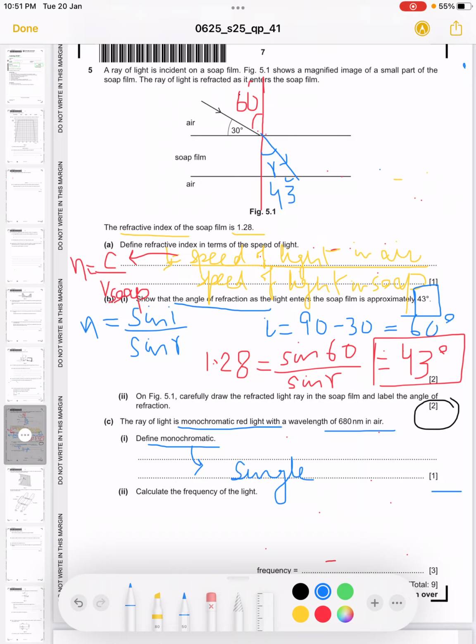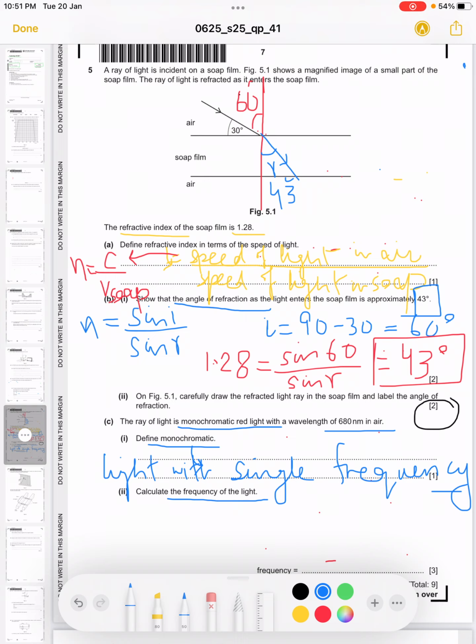Light with single frequency is known as monochromatic light, right?